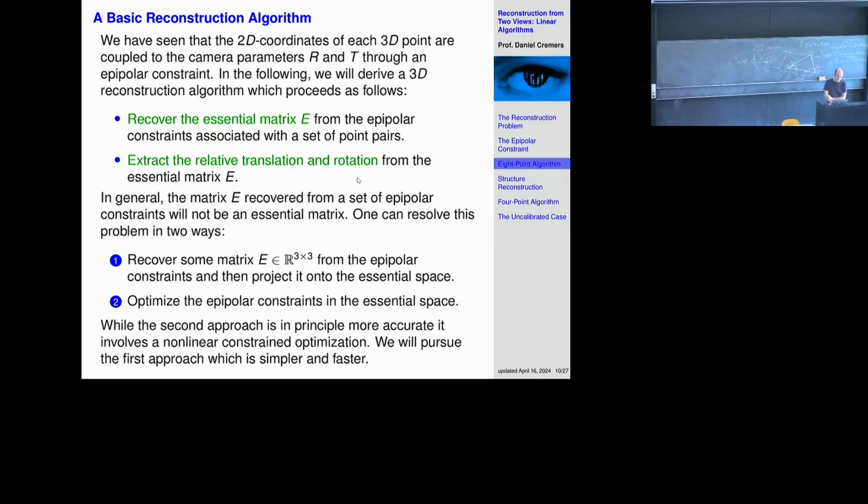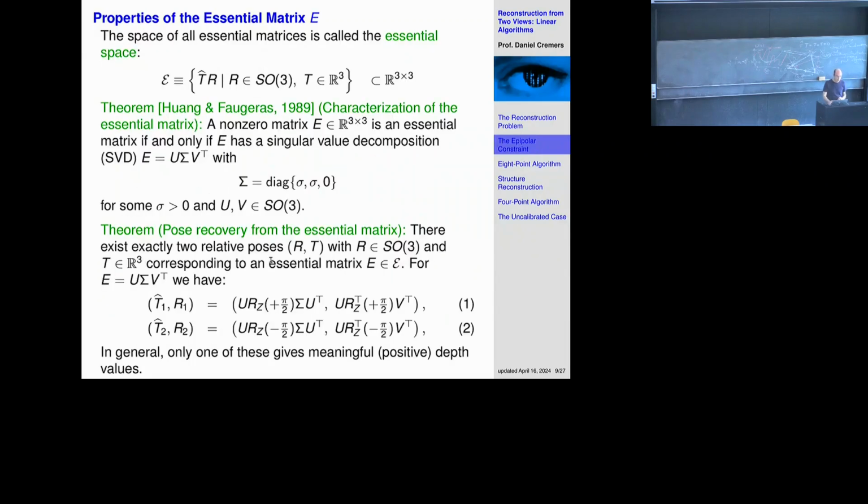We compute the essential matrix, and then from the essential matrix we estimate translation and rotation. The matrix E that you determine here with these points, as we'll see in a bit, will not necessarily be an essential matrix. So there are two ways to enforce that E must be an essential matrix, because we know it should be.